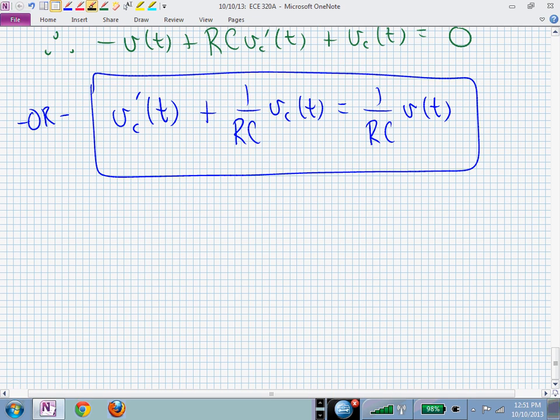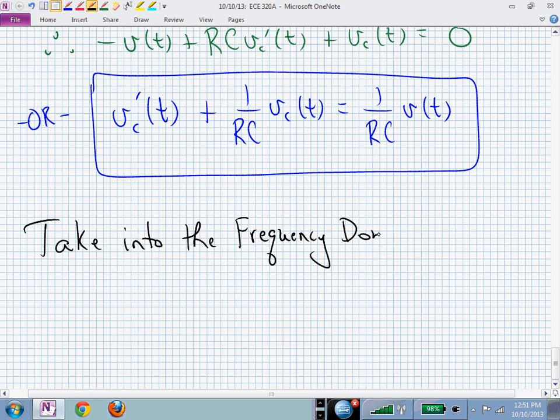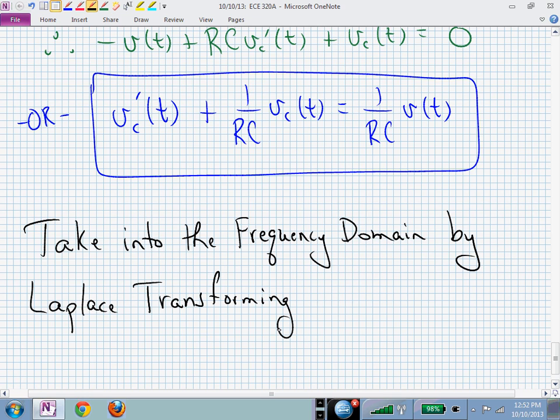What we want to get comfortable with now is working in the frequency domain, because then the differential equation becomes algebra in S. Let's now take this into the frequency domain by Laplace transforming the differential equation.